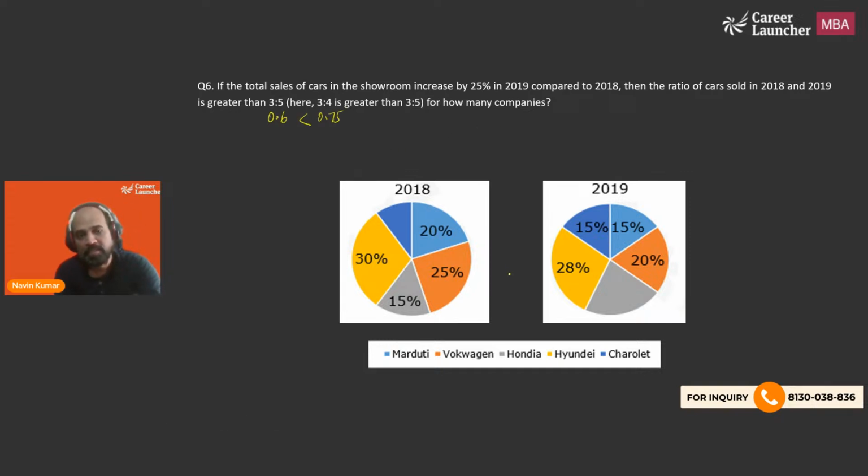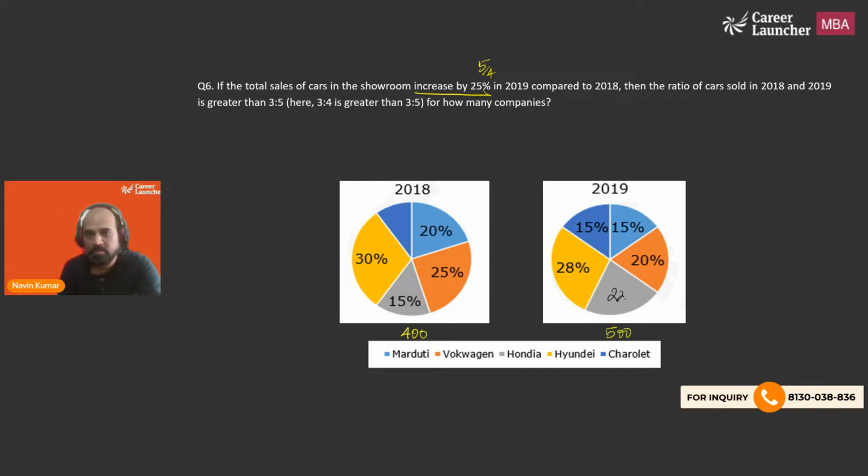For how many companies? Since the base is not given, as in the overall value of the pie is not given, we will consider some number for 2018 and increase it by 25%. An increase by 25% is 5 by 4. So I'll take 400 for this and 500 for this.